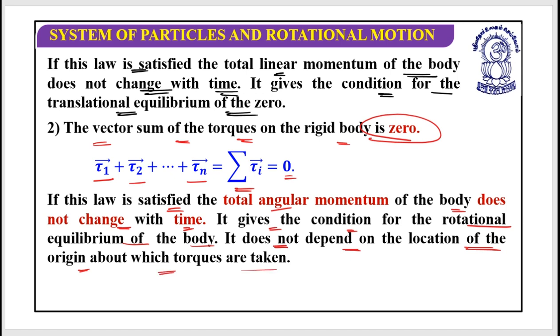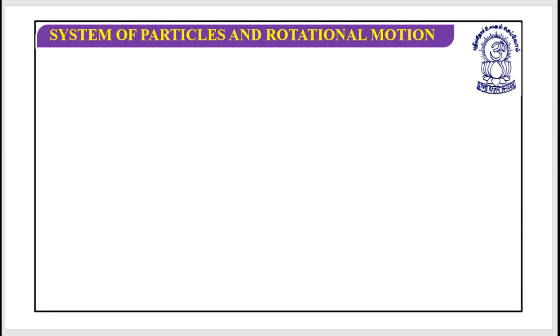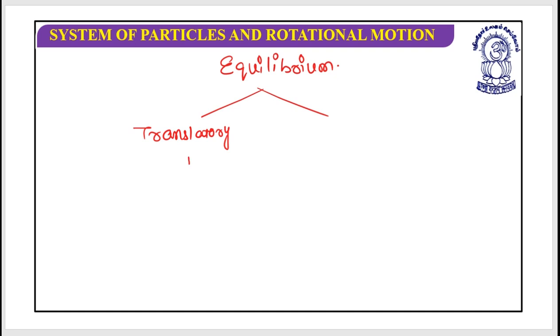So when they say that your system is in equilibrium, what I need to understand is that there are two motions: the translatory motion and the rotational motion.